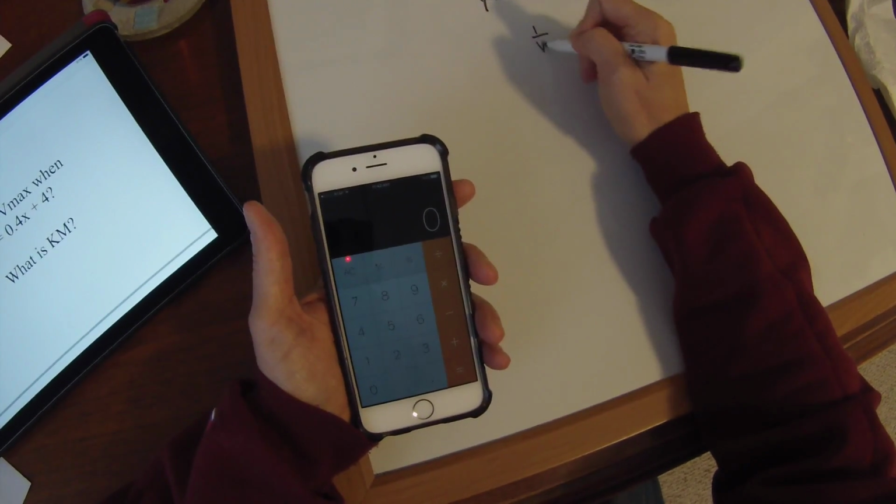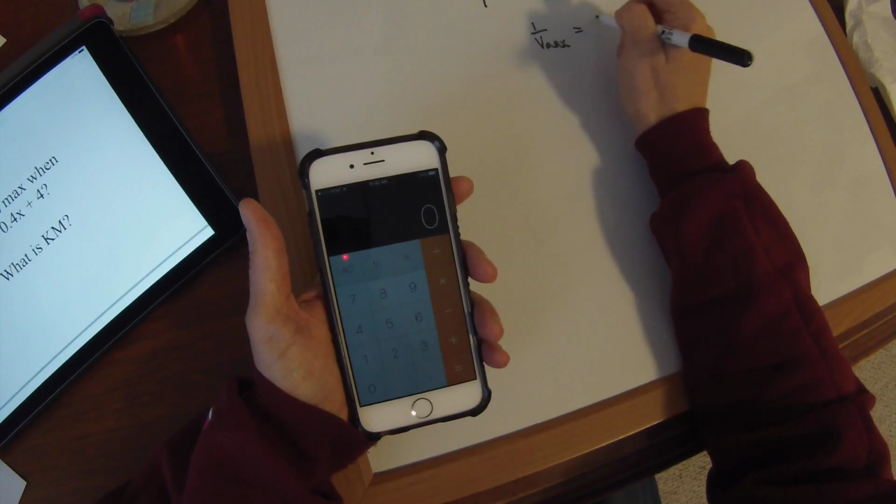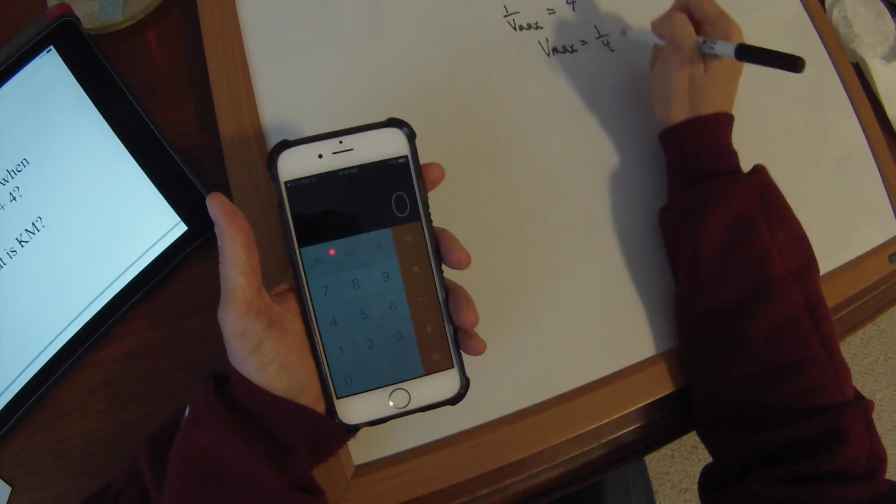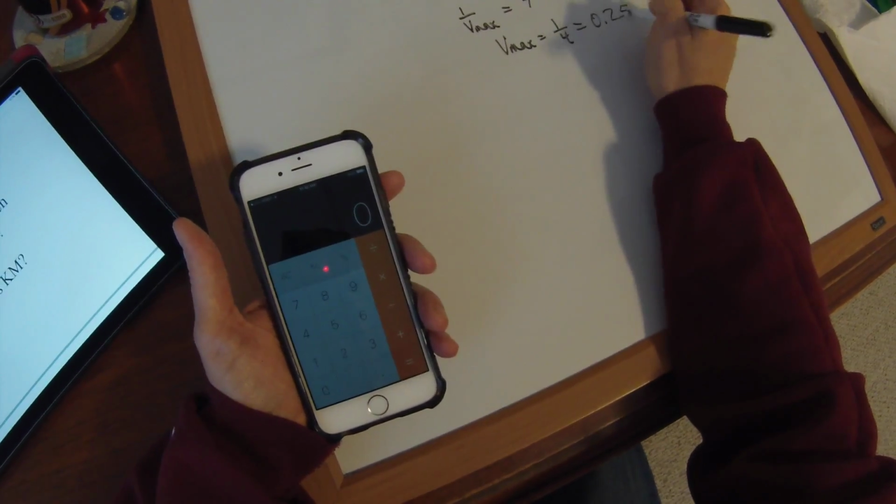So 1 over Vmax equals 4. Vmax equals 1 over 4, which equals 0.25.